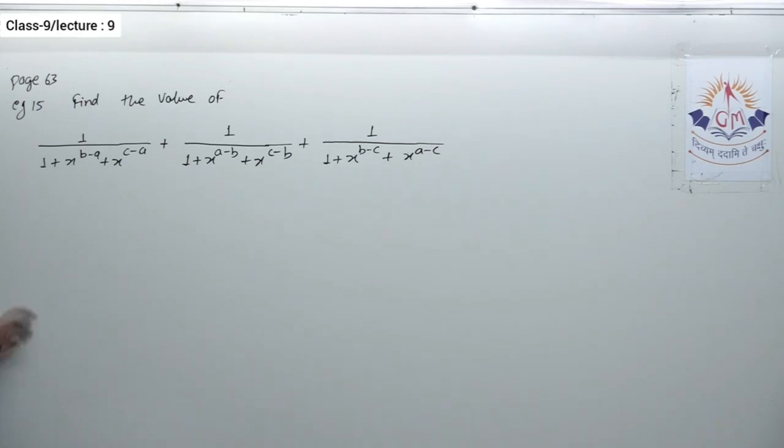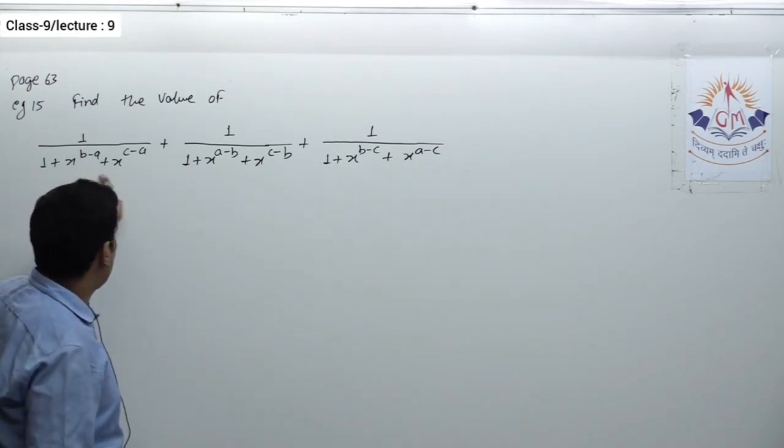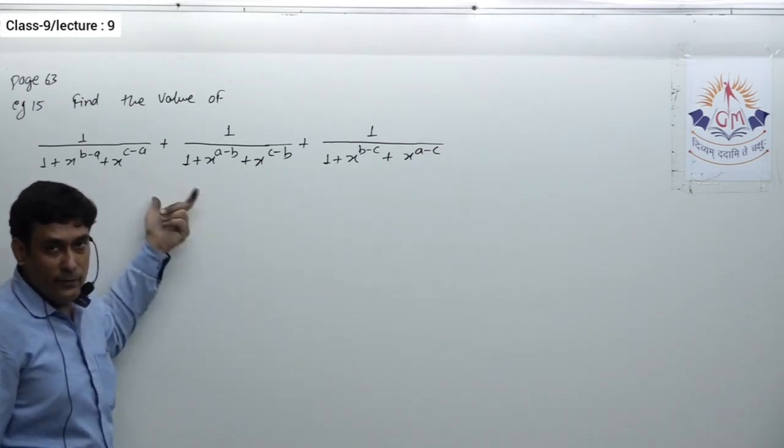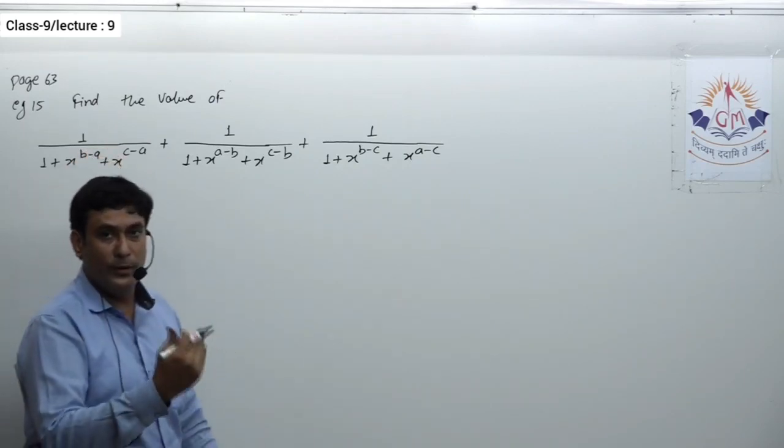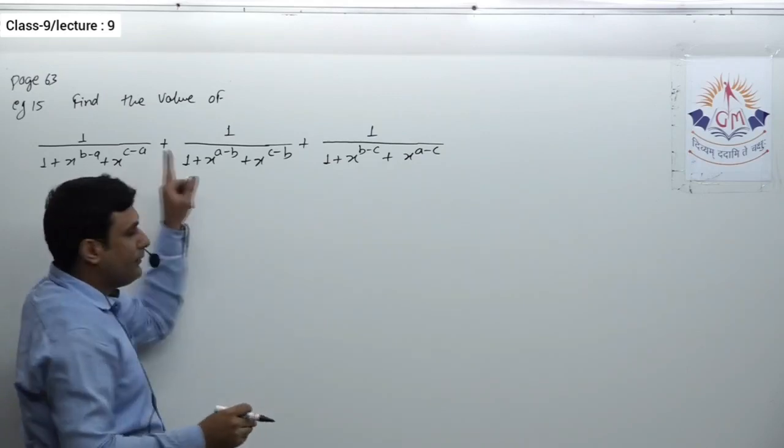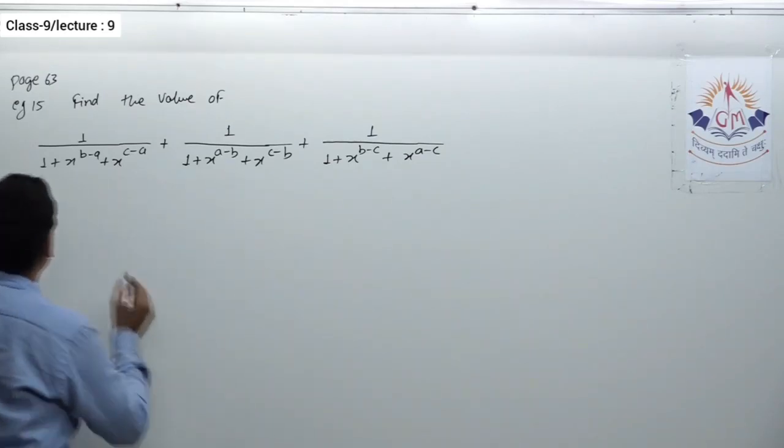Okay, it's not difficult. First of all, here I can apply the quotient law in reverse direction. So x raised to b minus a, I can write as x raised to b upon x raised to a. Similarly, c minus a, I can write x raised to c upon x raised to a, and so on.